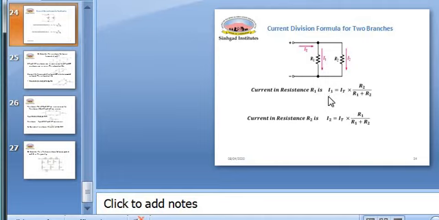So this will be I1. Similarly, what will be I2? I2 is equal to the total current into opposite resistor R1, divided by the addition of both the resistances. IT into R1, this is the opposite resistor to R2, divided by R1 plus R2. This is the current division rule.